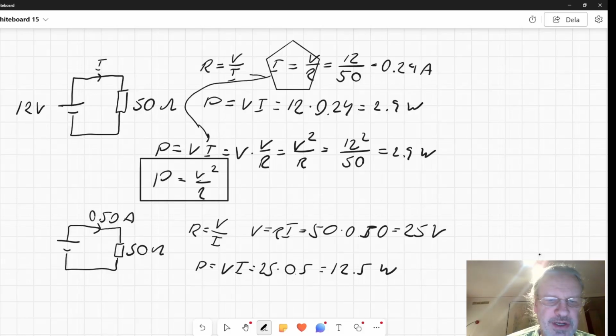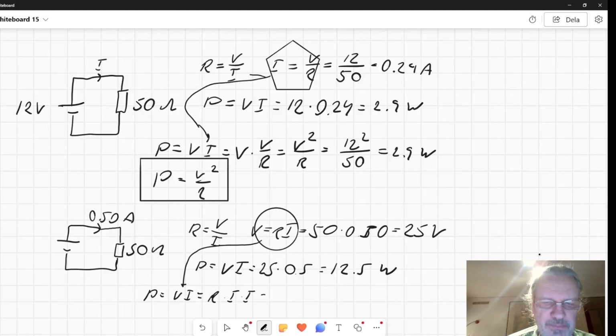Anyhow, we can do a similar trick as before. We write P equals V times I, but now we have a formula here for V instead. So we plug that into here. So that will be R times I, is R I squared. So what will that give us?